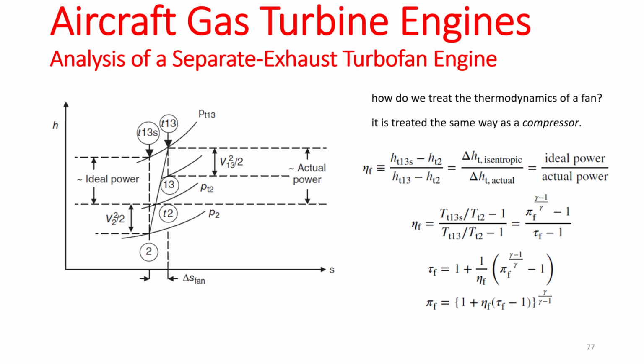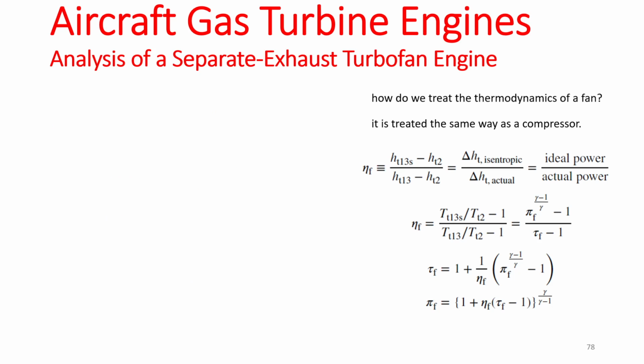So we can essentially rearrange the equation a little bit to give us tau_f, same equation, just a rearrangement of it, and we can do the same thing to get the pi_f. Are there any questions? Okay, so let's move on.